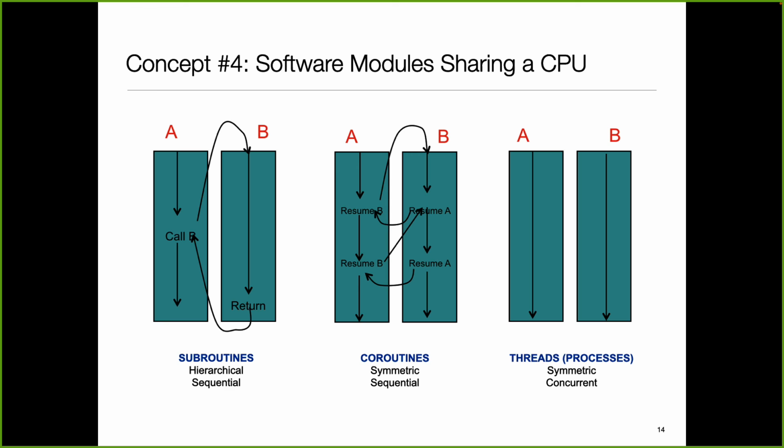So coroutines are symmetrical but sequential. That's a very important point. Here, if you gave me two processors, I can run both of them truly in parallel. Here, at any given point in time, either A is running or B is running. Even if you give me two processors, I can't run them in parallel. And certainly not here, because a subroutine is strictly sequential.